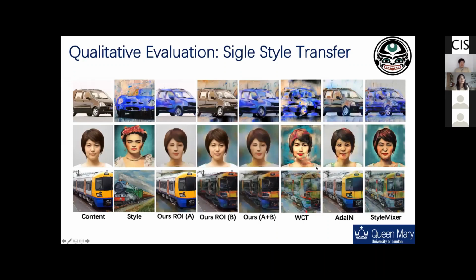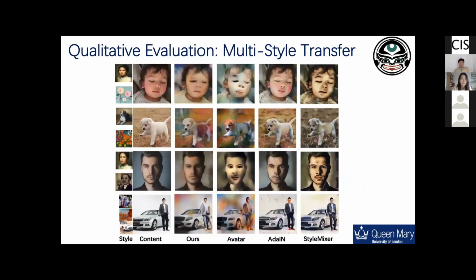Here is the qualitative evaluation. This shows some results of single style transfer, and we choose three representative style transfer methods: WCT, adaptive instance normalization, and StyleMixer. Here are two examples where we choose the region of interest. Here we choose the background, and here we choose the train as the region of interest. Next are the multi-style transfer results, where we use two or three style images.